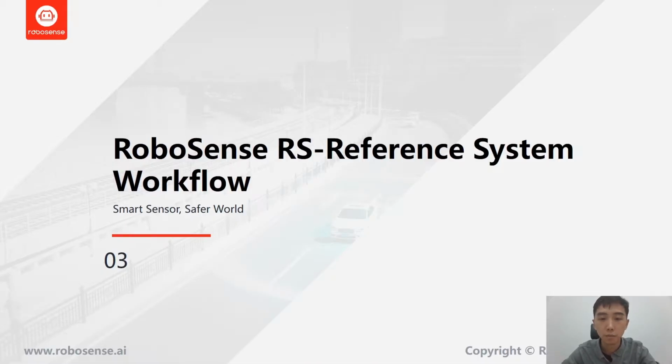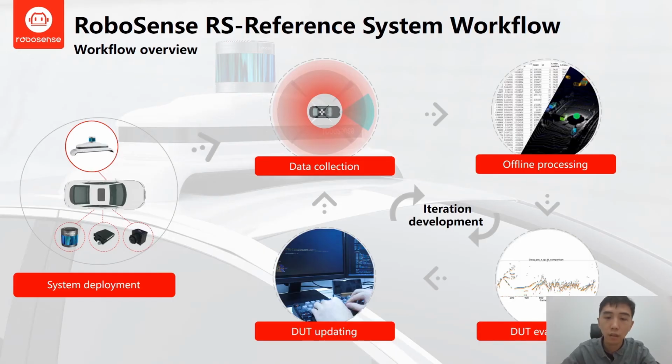Okay, so now let's move to the third part, the workflow of this reference system. There are 5 steps. The first one is system deployment, where we deploy the whole system on the test vehicle. The next is data collection.